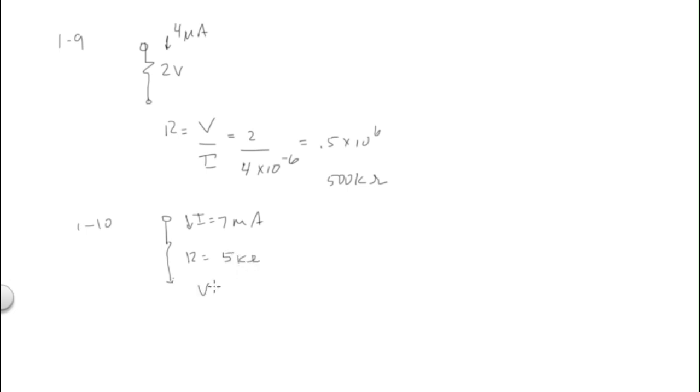So this one wants to know V, right? V is what? IR. So it's 7 times 10 to the minus 3rd times 5 times 10 to the 3rd. This is one of those times when the milli and the K wipe each other out. So it's really 7 times 5, or 35.